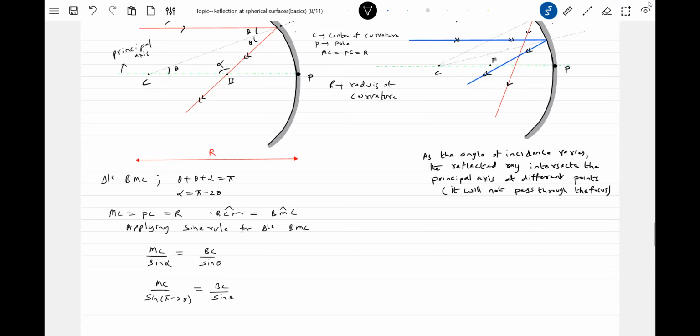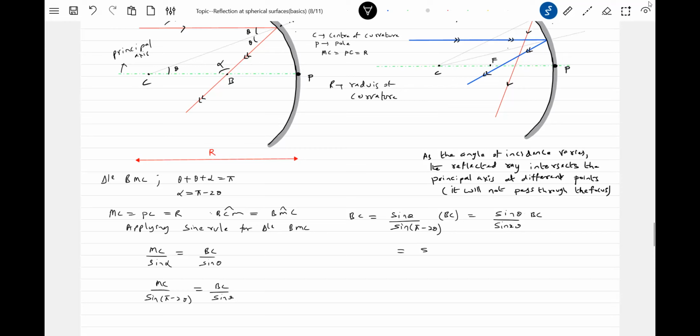I'm interested in the distance BC. BC is equal to R times sine theta by sine of pi minus 2 theta. Sine of 180 minus 2 theta should be sine 2 theta.